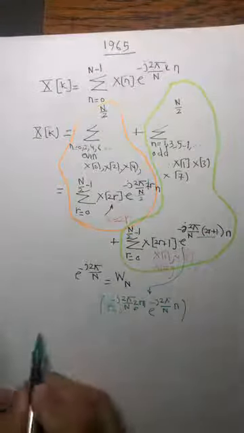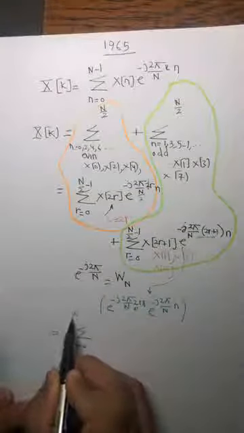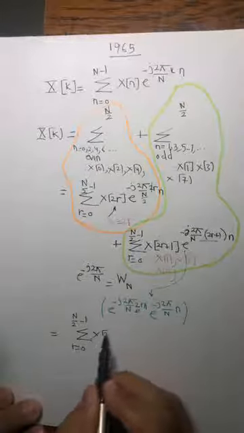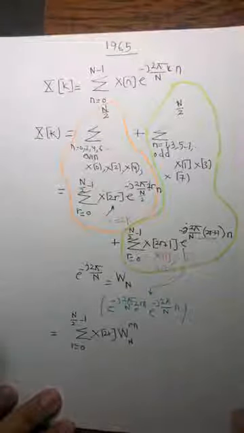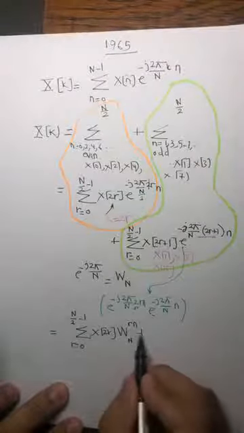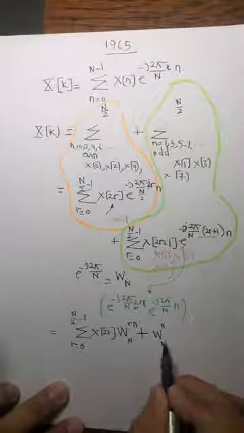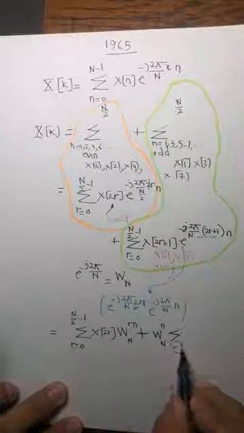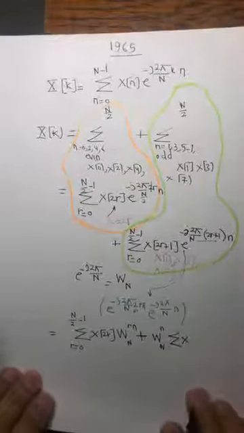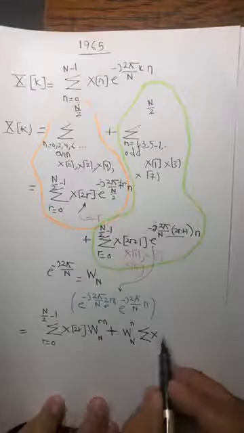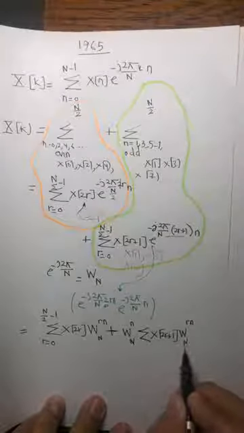So now they have, and almost done with the trick, r goes from 0 to n by 2 minus 1, x of 2r, and I can write this as w n to the power r n in short-term notation, plus, I bring this part outside, so this part is w n to the power n, and this part I play the same here, that I have x of 2r plus 1, w to the power r n over 2, sorry, here it is n over 2.